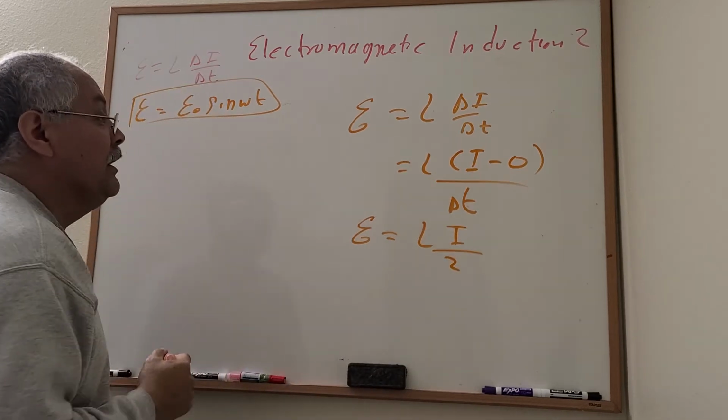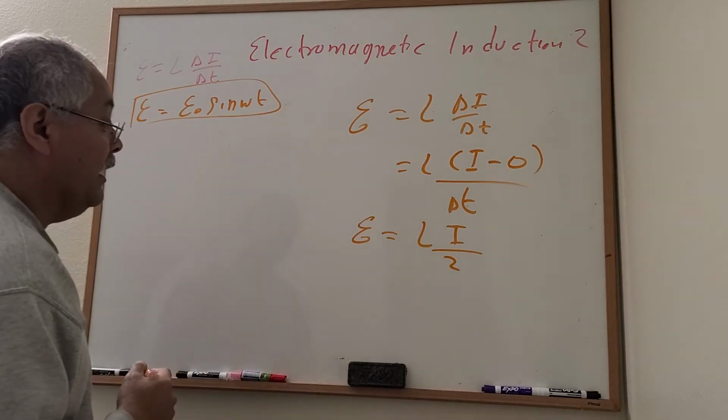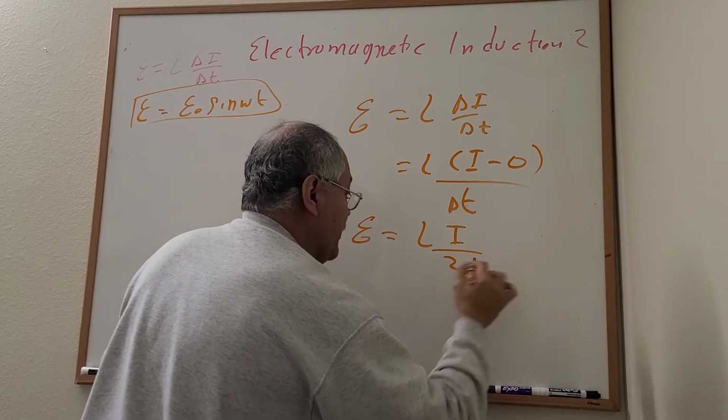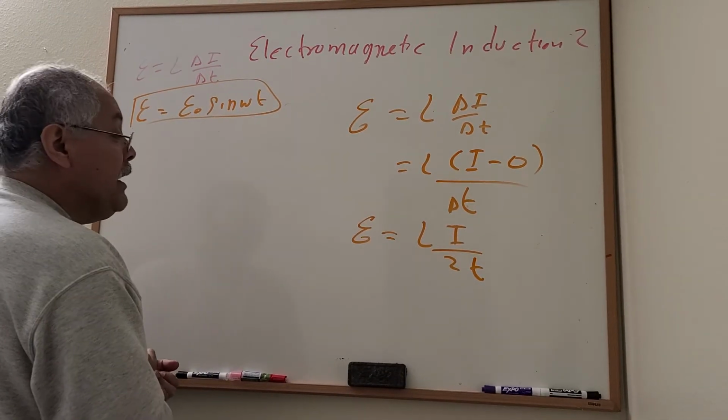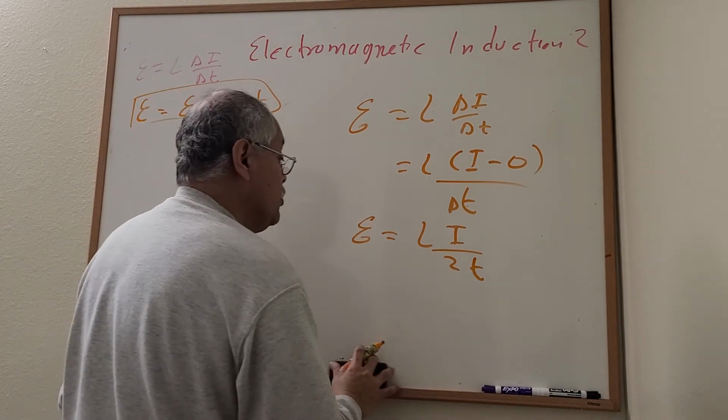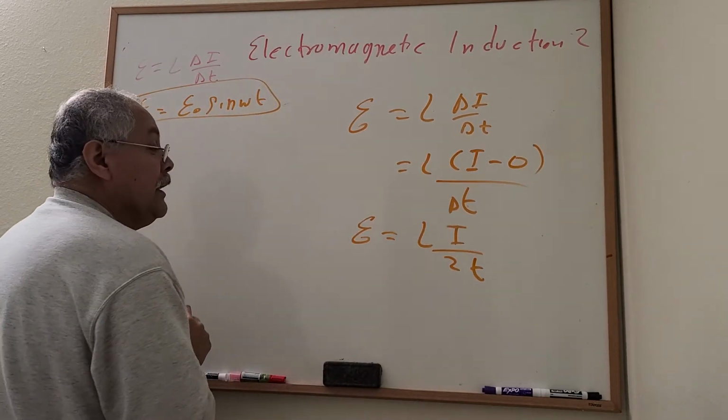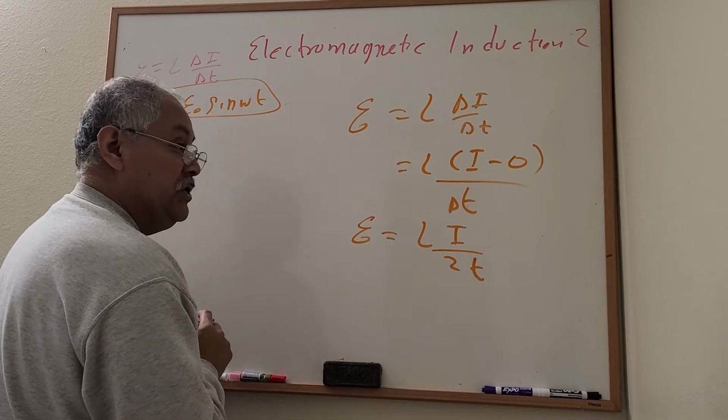That's the average of the current, also time right here, divided by time. Okay, perfect. Now let's go to the equation that gives us energy.